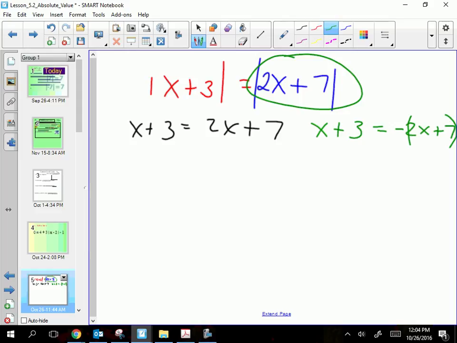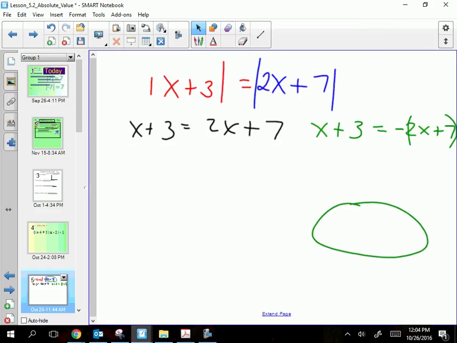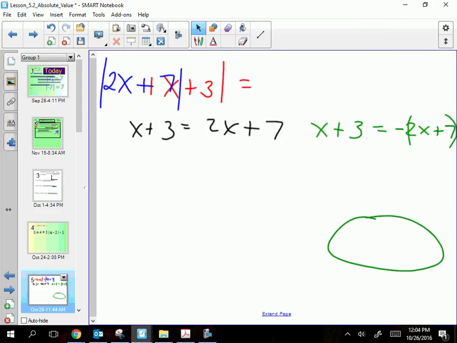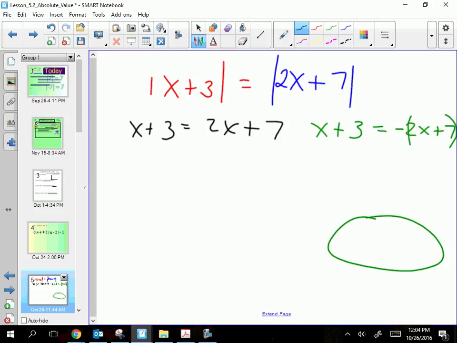Now, here's the weird part. You technically have to go back and do it backwards and say, what if this equation had been rearranged and this was on the left and the other one was on the right? Just watch what would happen. You would have 2x plus 7 is equal to x plus 3. Anybody notice anything about those two? These are the exact same thing.